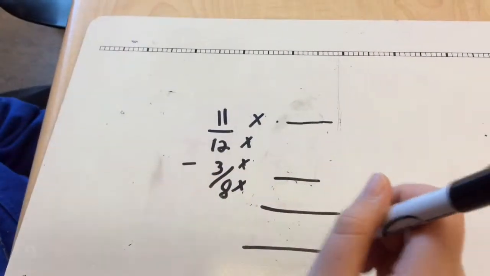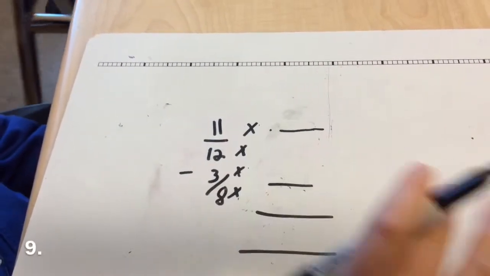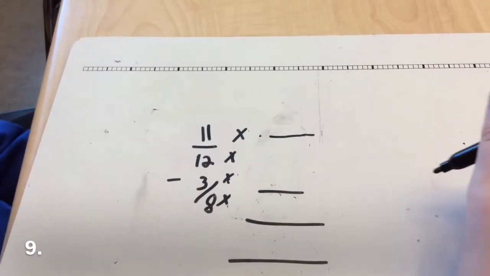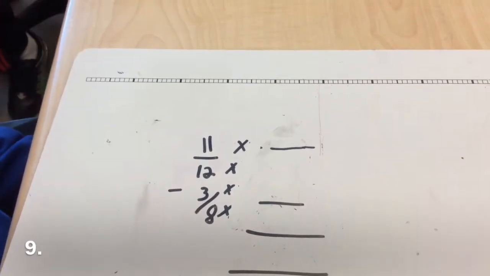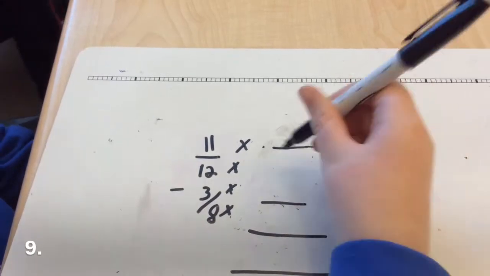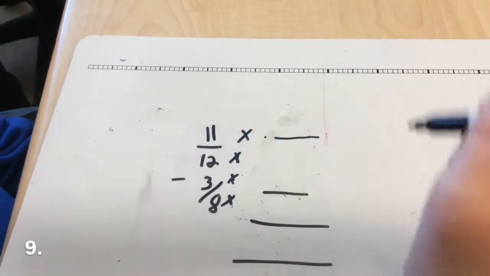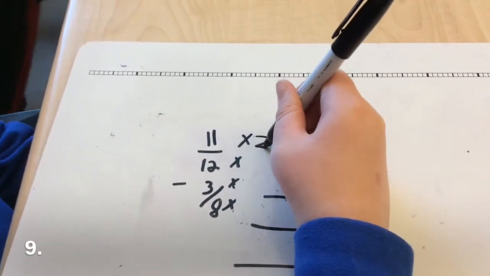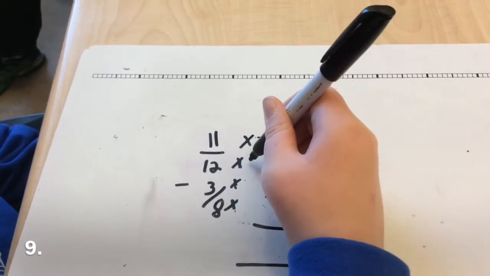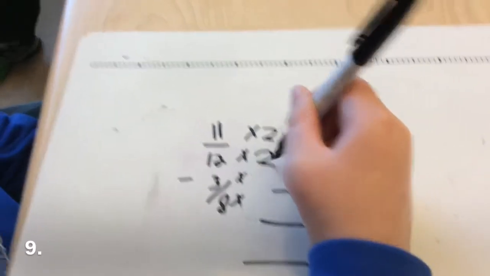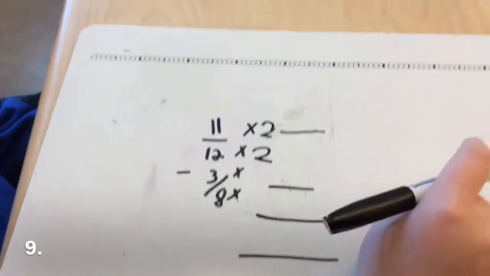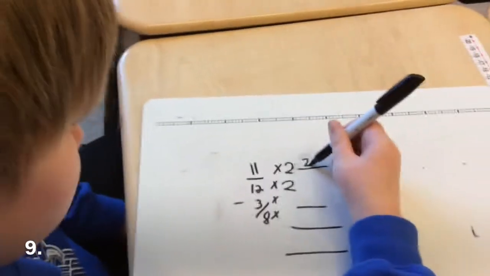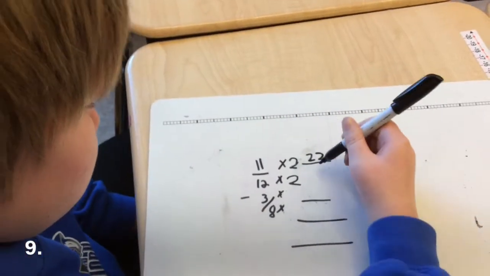The problem is 11/12 minus 3/8. First of all, we have to figure out what to times 11 by and what to times 12 by. We have to times 11 by 2, and then we have to times 12 by 2. Whatever you do to the bottom, you do the top. And then 11 times 2 is 22. Then 12 times 2 is 24.